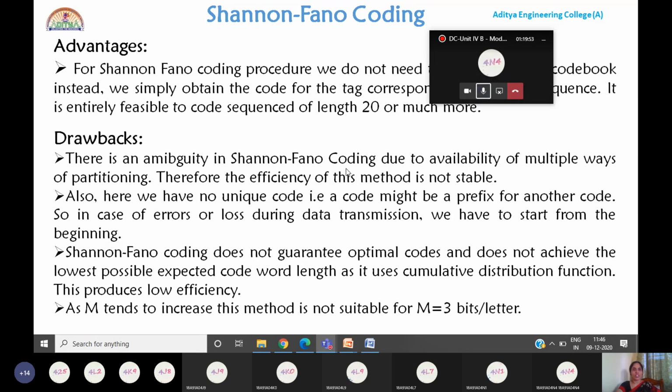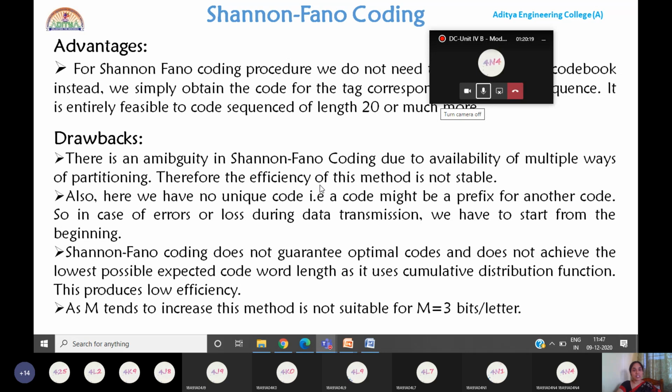As I told you, in the case of equiprobable there is no issue, but in the case of approximately equiprobable there are multiple ways of partitioning the set into subsets.